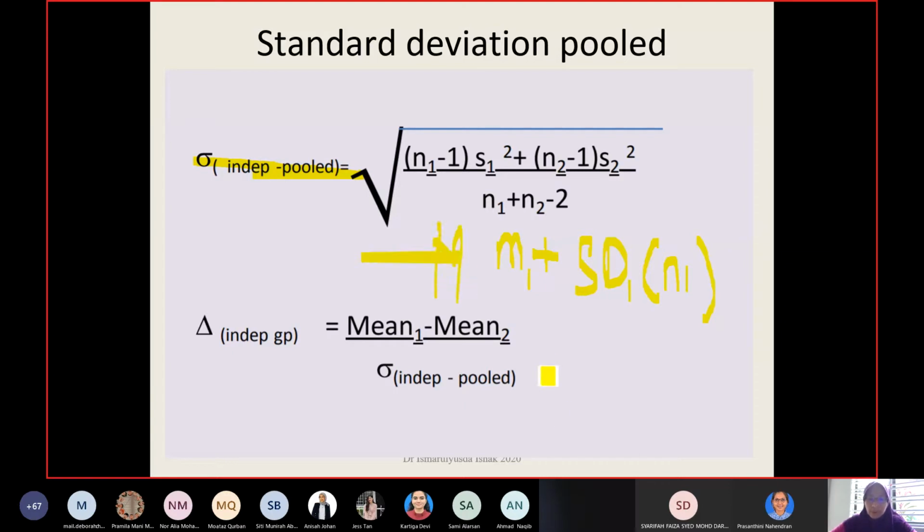However for female, it is another one: mean 2 plus minus standard deviation.